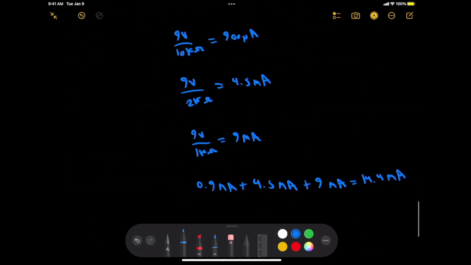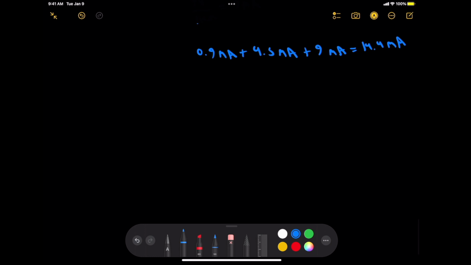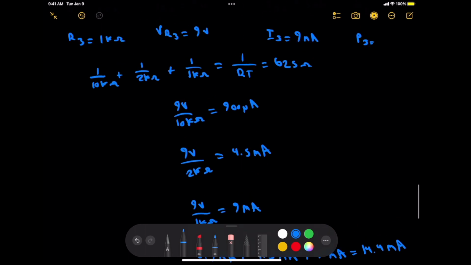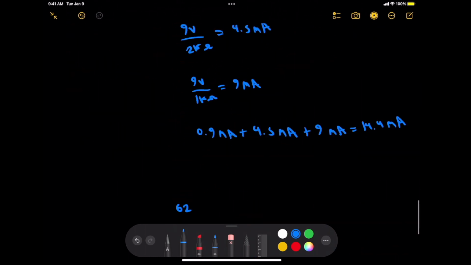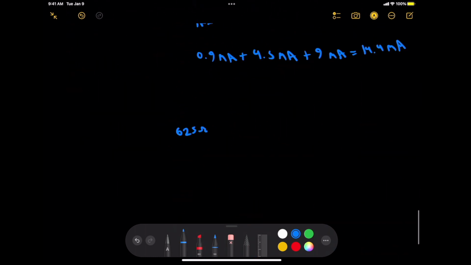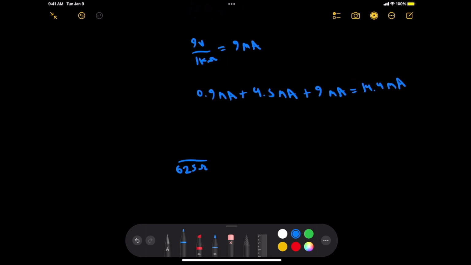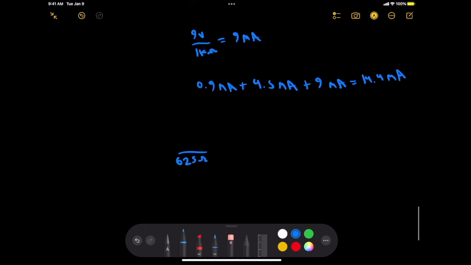And we can do that by taking our resistance total, which is 625. And we're going to be multiplying that by... No, we're not multiplying. We're dividing 9 volts by 625.